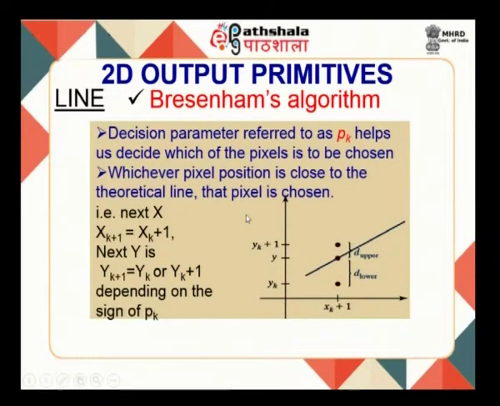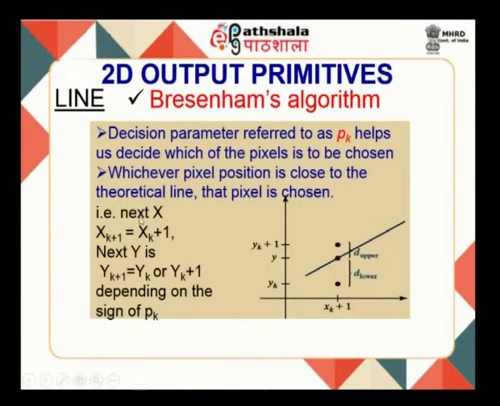Let us check how this decision parameter is actually computed, and in the derivation we will be doing this. A decision parameter, denoted as p suffix k, helps us decide which of the pixels to be chosen. Whichever pixel is close to the theoretical position, we will be choosing that pixel.